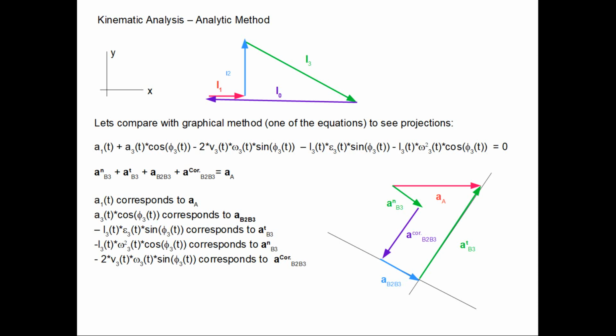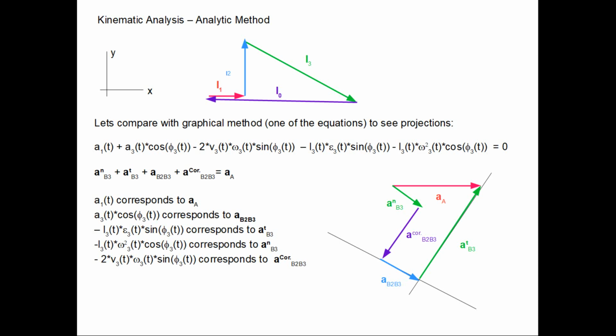So a1 of t is, of course, like in the previous example, the acceleration corresponding to AA, and this is the input acceleration. A3 of t times the cosine phi3 of t is the term which corresponds to AB3B2, or AB2B3.